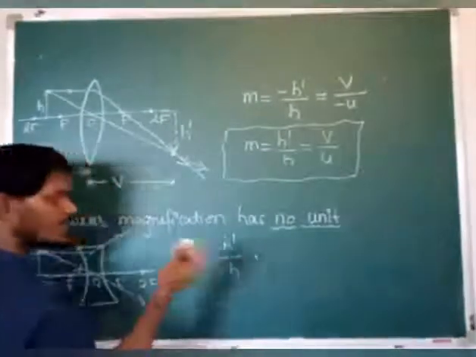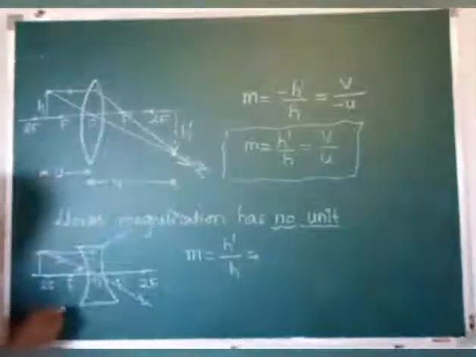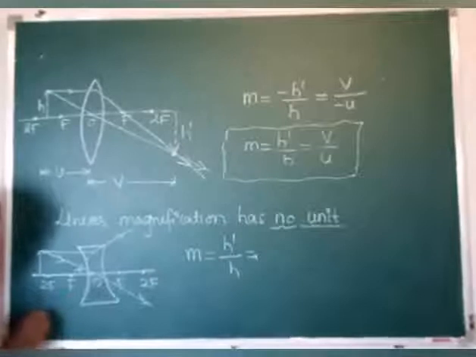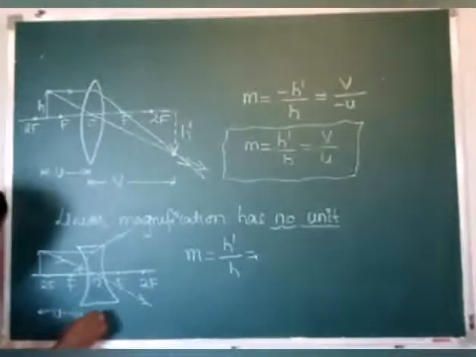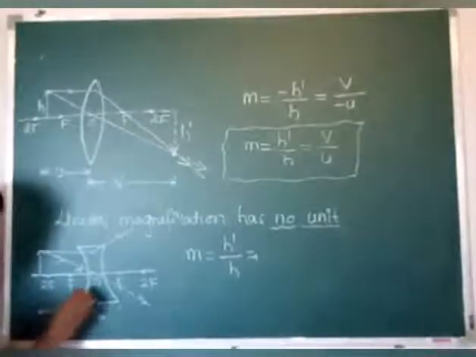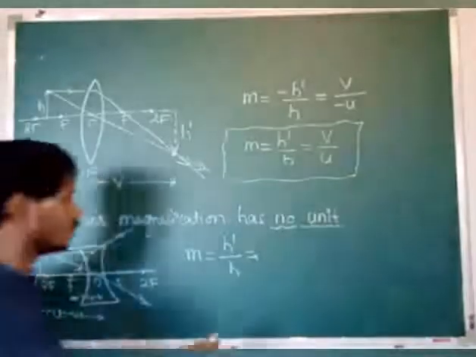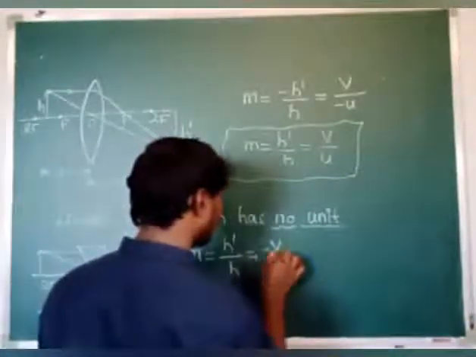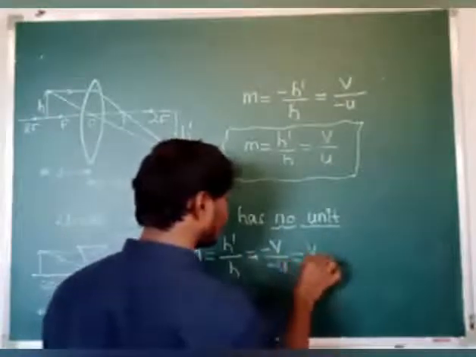Positive by positive, again it is a positive. Then distance of the object from the optical center, u is negative here. And the distance of the image from the optical center is also negative. Then image distance negative, object distance also negative. Then minus of v divided by minus of u. Again minus gets cancelled, that is v by u.